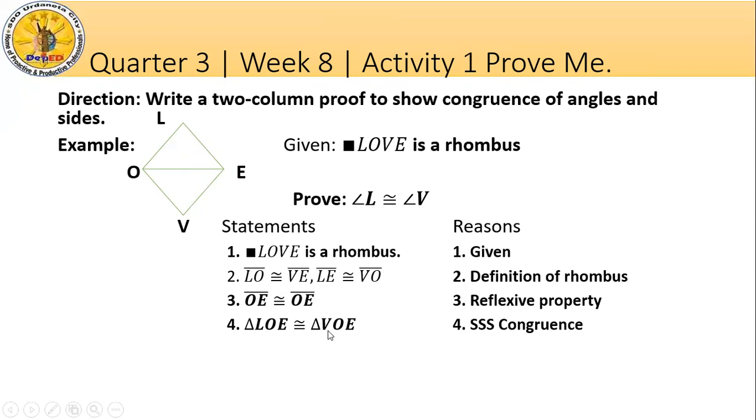It follows that the last statement is: therefore, angle L is congruent to angle V by CPCTC. Again, CPCTC stands for corresponding parts of congruent triangles are congruent. Is it easy to prove the congruence of angles and sides? I hope you could follow.